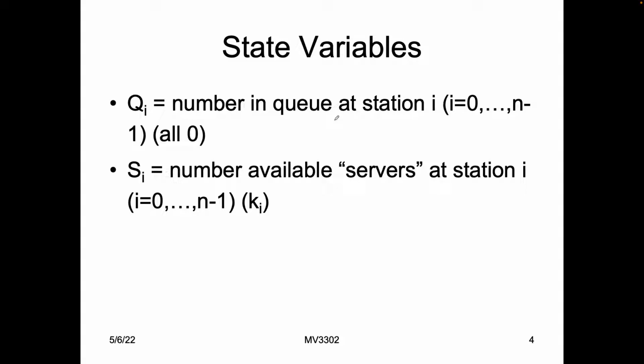It's also going to pick the right service time, because each station has its own service time. And then, again, when I finish service at station I, I'm going to schedule another start service only at that station I if there's somebody in the queue at that station I.